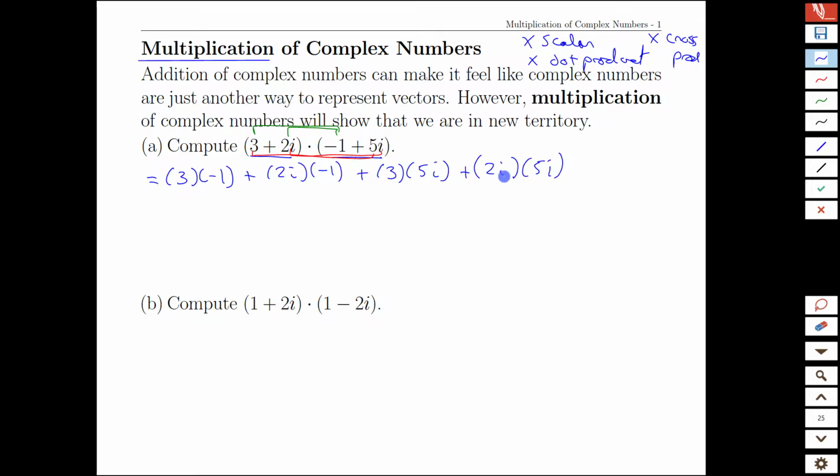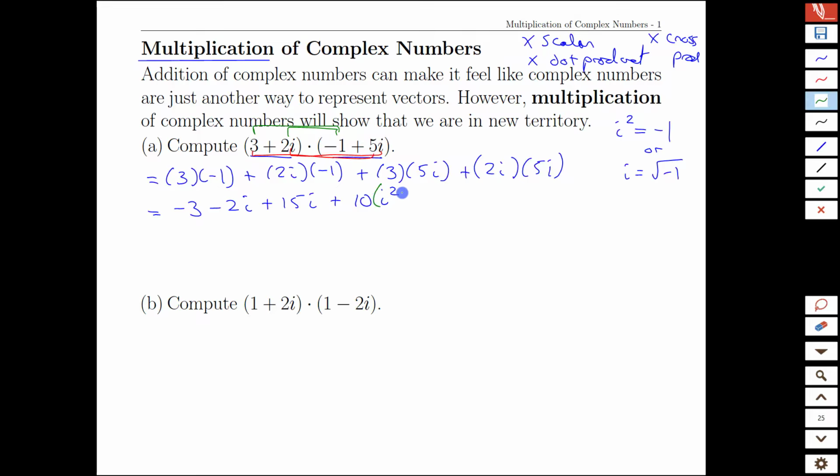Where it gets more interesting is when we look at the resulting values, we have an i times i term. And again, remember, i squared is defined to be minus 1, so that we get i equaling the square root of negative 1. And when we rewrite each of these terms individually with that in mind, minus 2i plus 15i, notice here we have 10i squared.